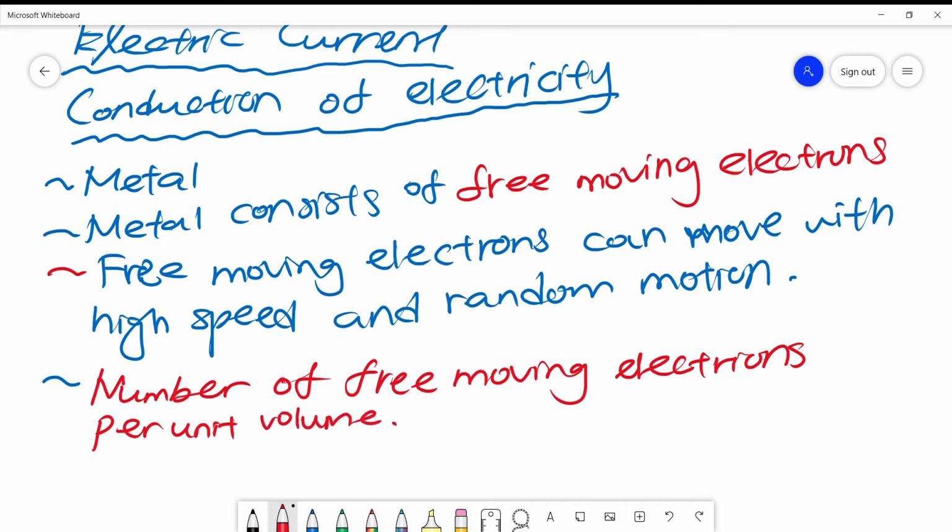We determine the number of electrons in terms of the number of free moving electrons per unit volume.